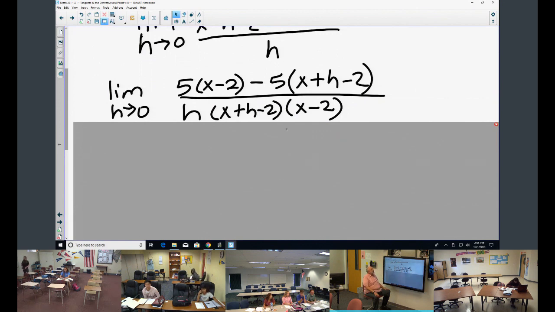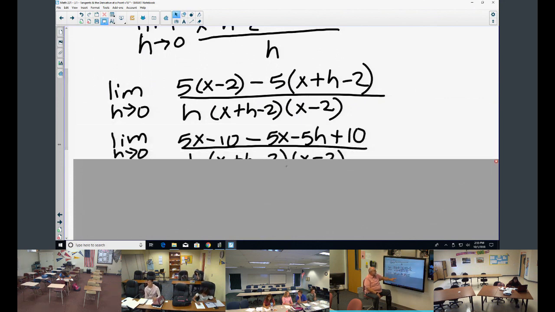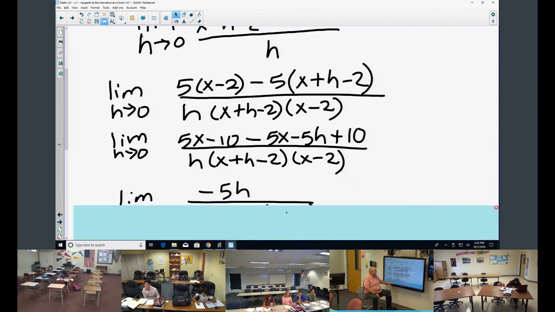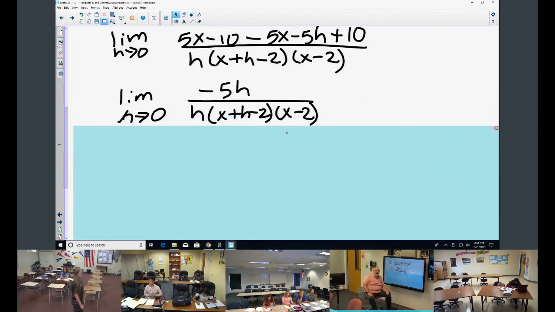All right. So then if we distribute the 5s, and just leave the denominator alone, then what happens is your 5x's cancel, your 10s cancel, and so all you have is negative 5h. Now, you know when you're doing these problems right when the h is set up to cancel. And see, now you can cancel the h's. The reason that's so important is that beforehand, if you try to plug in 0 for h, you'll end up with 0 over 0.